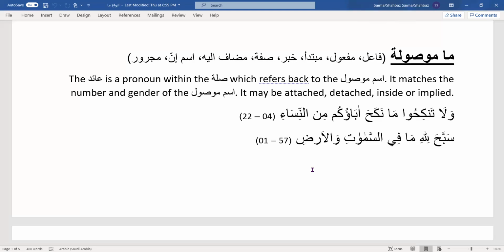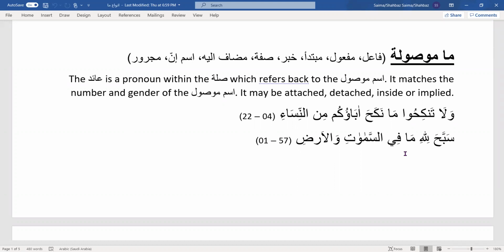Fa'il, very good. It is the fa'il of sabbaha. Ma fis samawati wal ardi, the whole thing, ism mausul and its sila, has become the fa'il of sabbaha. And what is the status of fa'il?